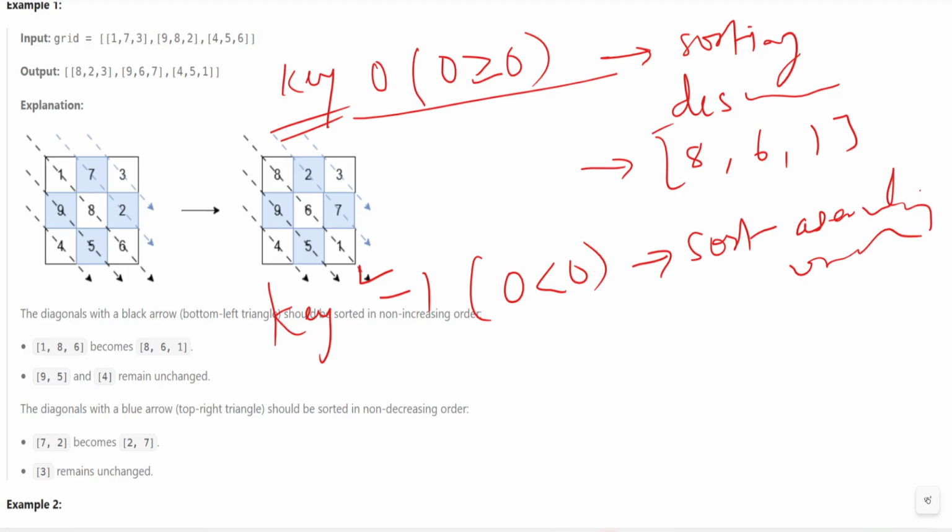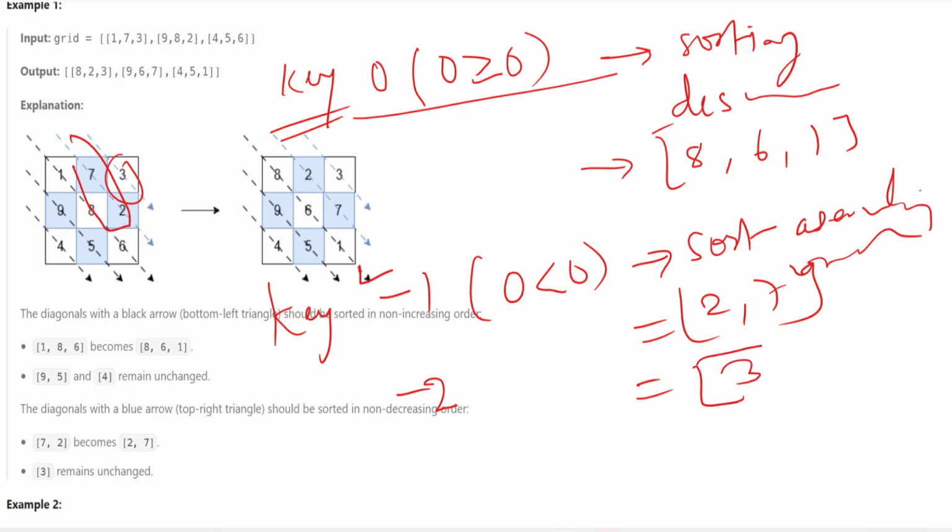So in that case, 2 7 2 will become 2 7. Understand? Then we talk about -1. Similarly, we talk about -2. For -2, we have only one element, 3. We will not do anything, we'll keep it the same. We'll say ascending order because it is also less than 0.